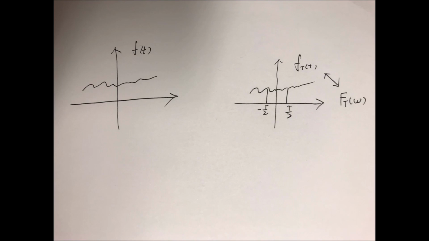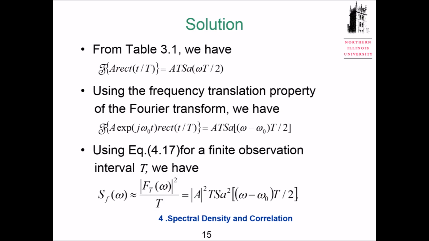Complex exponential times the signal means in frequency we shift by omega 0. We get the Fourier transform of this entire signal: AT sinc with a shift.